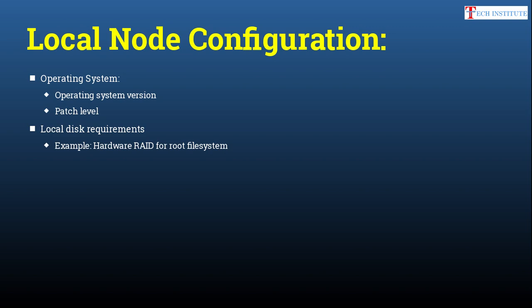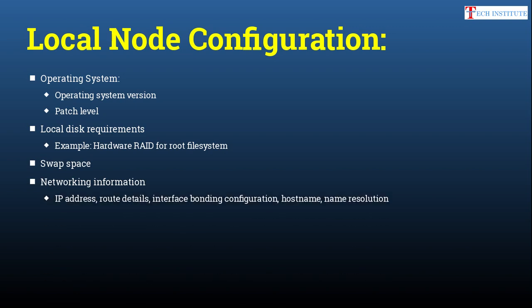You need to have that information. Then you need the swap space and network information. In network information, you gather your IP address, route details, interface bonding configuration, host name, and DNS resolution. Then you have to gather information about time synchronization.